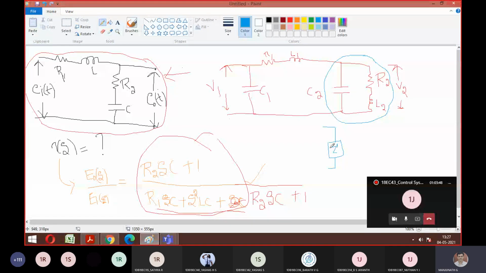Yes, sir. So what you should do is C2 parallel with, this is a series combination. Don't take this as parallel again. So R2 plus L2. So C2 into (R2 plus L2) whole divided by C2 plus R2 plus L2 is the parallel combination of this. Agree, everyone?